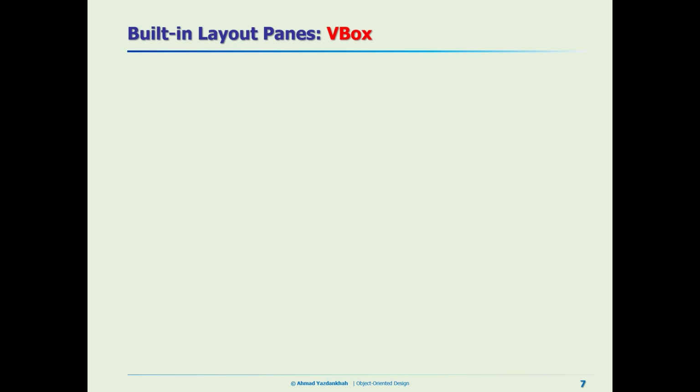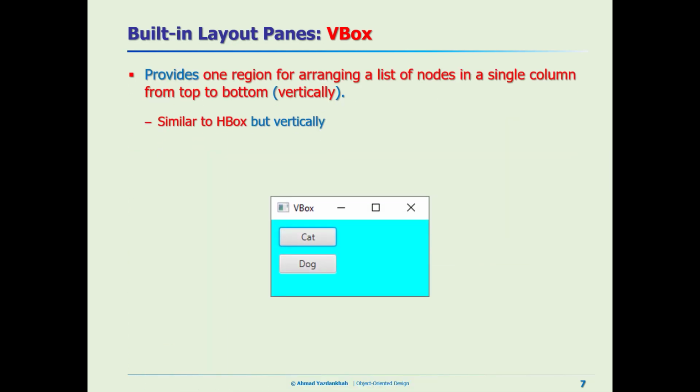So VBox is pretty much the same as HBox, but the direction of locating the nodes, instead of horizontal, will be vertical. All right. So something like this.